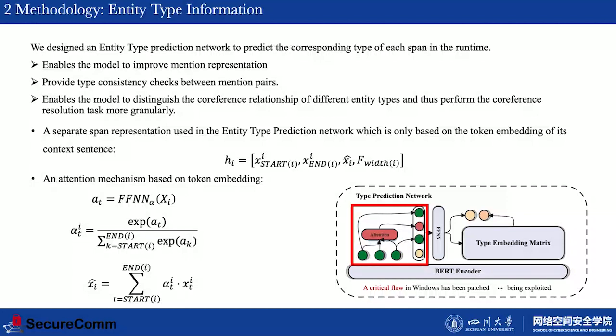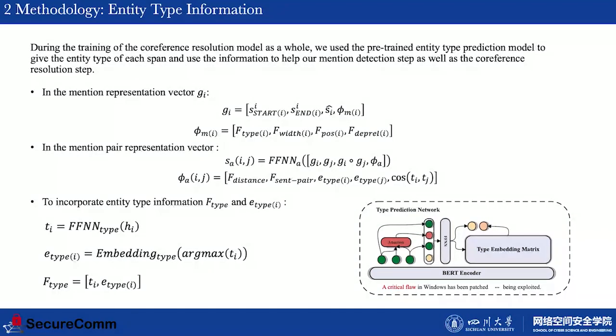The correct mentions are labeled with their corresponding entity types, while the wrongly extracted mentions are labeled as none. After sufficient training on this multi-classification subtask, the entity type prediction network can better distinguish between true and false mentions with similar boundaries and assign the correct entity type.